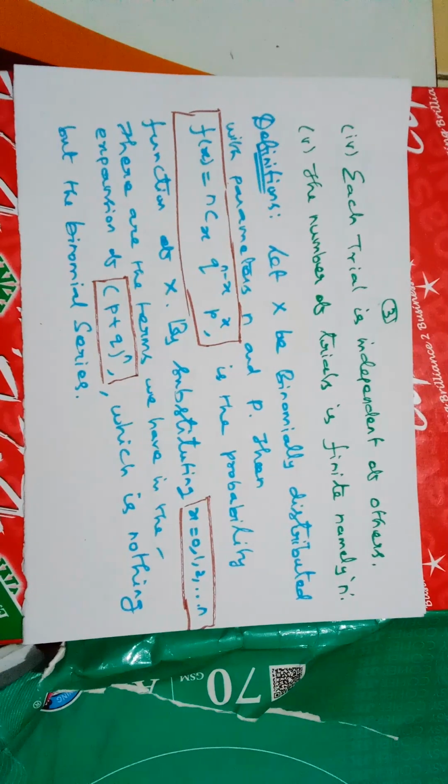Let capital X be binomially distributed with parameters n and p. Then f of x equals nCx q^(n-x) p^x is a probability function of capital X. By substituting x equal to 0, 1, 2, 3, etc. up to n, these are the terms we have in the expansion of (p+q)^n, which is nothing but the binomial series.